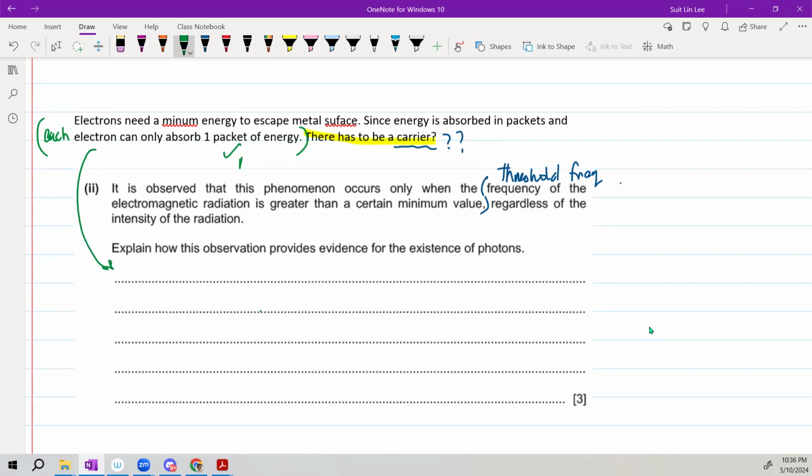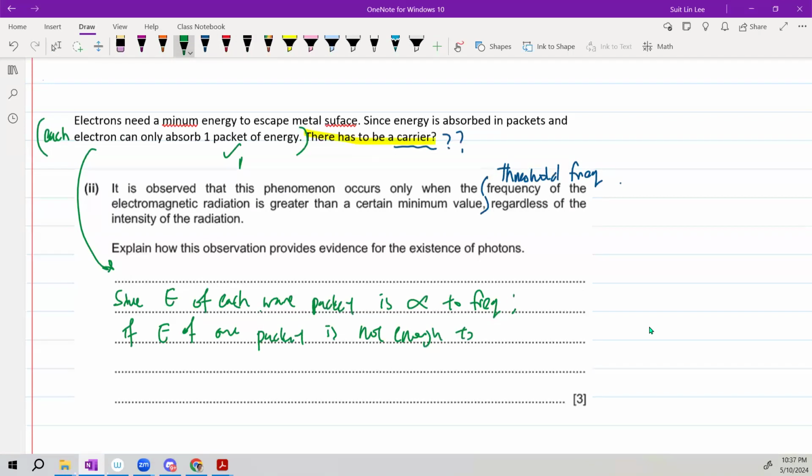So I will write this. And then I will say, since the energy of each wave packet is proportional to frequency, if the energy of 1 packet is not enough or insufficient to escape the metal surface, there will be no photoelectric effect.